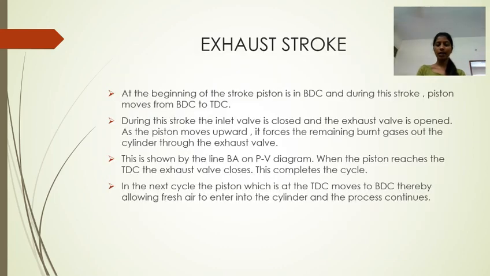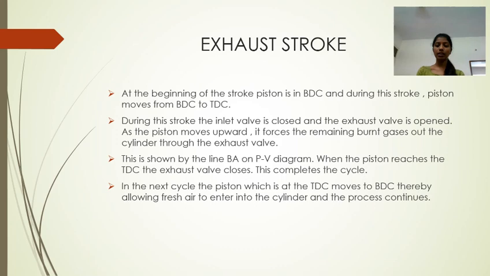And the last one is the exhaust stroke. At the beginning of the stroke, the piston is at BDC, and during this stroke, the piston moves from BDC to TDC. During this stroke, the inlet valve is closed and the exhaust valve is opened. As the piston moves upward, it forces the remaining burnt gases out of the cylinder through the exhaust valve.